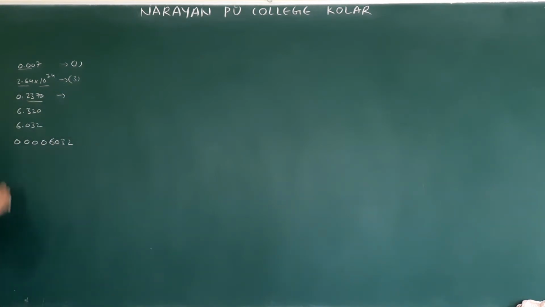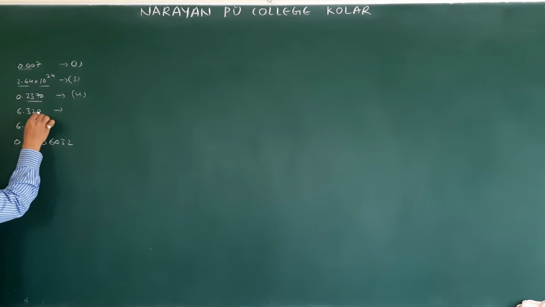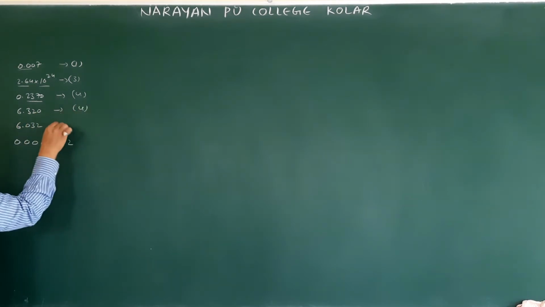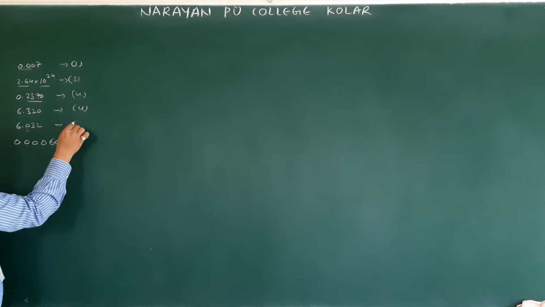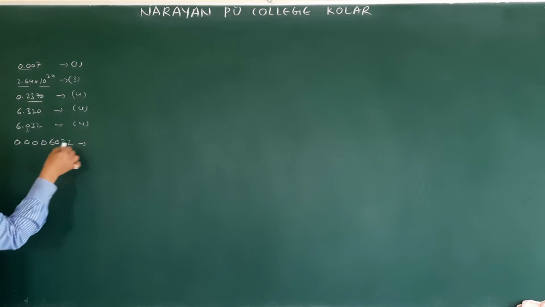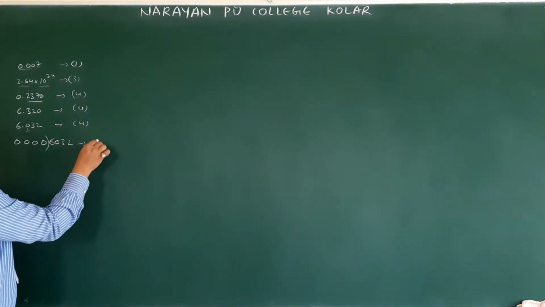In 0.2370, the last zero is also significant, therefore 4 significant digits. In 6.032, this 0 is also significant because it is between two non-zero digits. Without a decimal point, in this number the zeros are not significant: 1, 2, 3, 4.